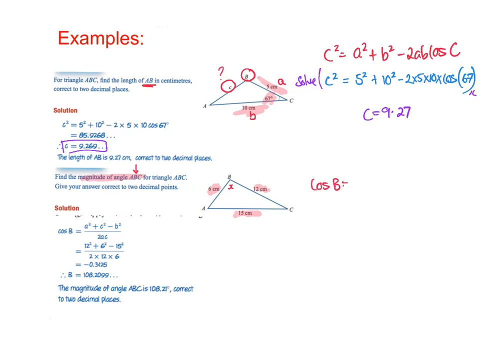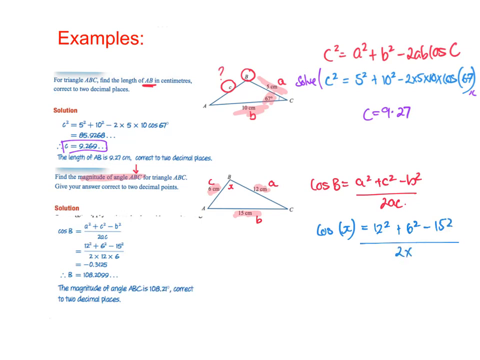They've written cos B equals a squared plus c squared minus b squared over 2ac. Then we'll substitute what we know. I'm going to call it X now, because that's the one. This would be side a, because it's opposite angle A. This would be side c, and this would be side b. So we'd have 12 squared plus 6 squared minus 15 squared over 2 times 12 times 6.